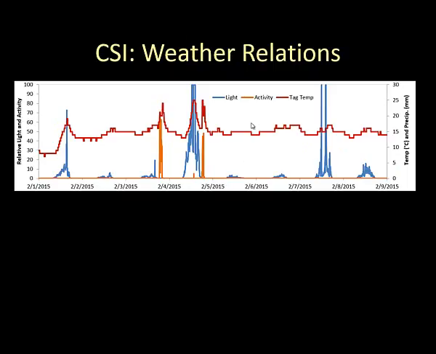These tags also allow us to evaluate any number of finer-grained interactions with weather. This is what I call my CSI weather relations. As the bat was coming out of torpor here in early February, I was really intrigued by these couple of spots where it wasn't receiving very much light even during the middle of the day.